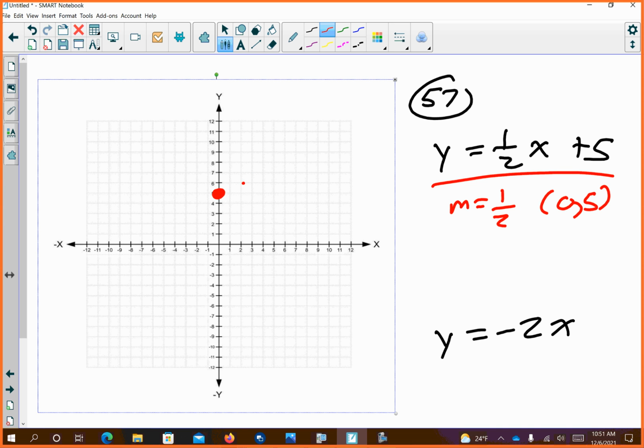So up 1, right 2. That looks like a pretty good line of best fit. Then I have to realize that's plus 0, so I have a 0, 0 y-intercept. Down 2, right 1, because my slope is negative 2 over 1.